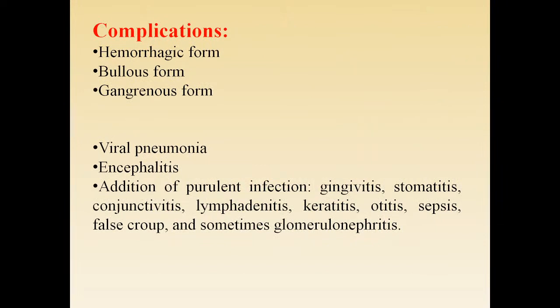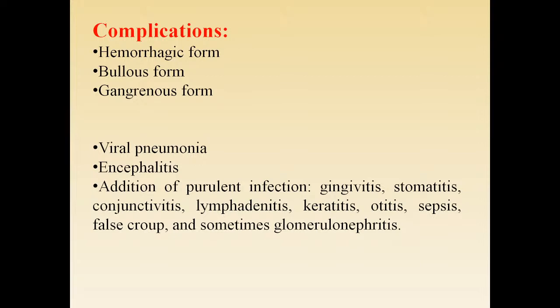Complications of chickenpox include atypical forms of the disease: hemorrhagic form, bulbous form, and gangrenous form. Hemorrhagic form is the formation of vesicles with hemorrhagic exudate, and maybe bleeding.